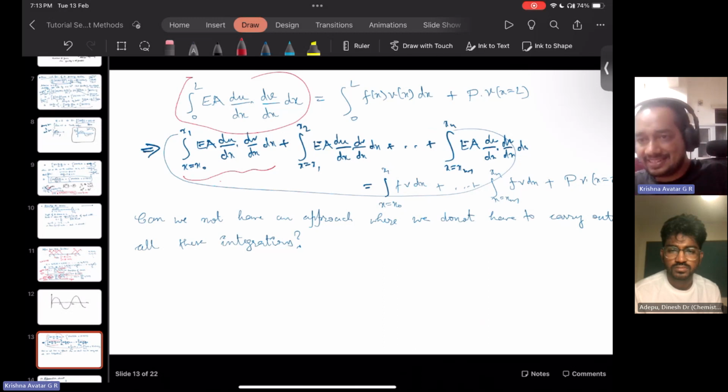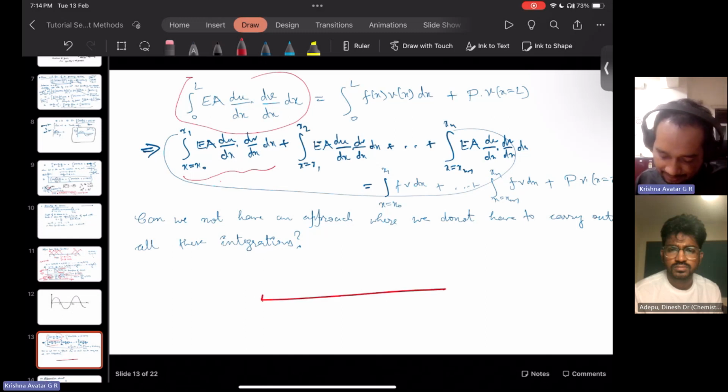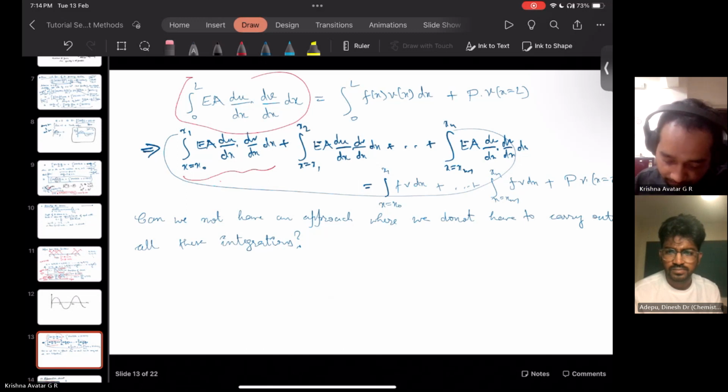Ultimate integration is just a sum of smaller integrals, right? So it's 0 to L, and we can just break it down into smaller segments and integrate. We had partitioned our domain, right? Yes, we are doing that.